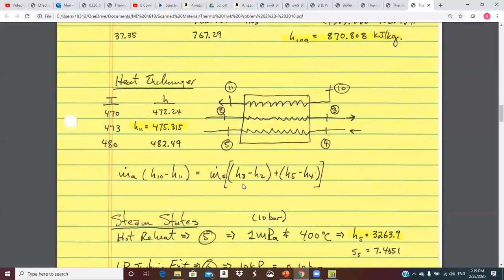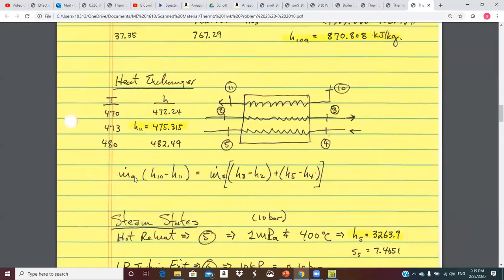Now we get to start to have some real fun. So we look at the heat exchanger. This hot air coming in at 10 is transferring heat to the steam, or to the water, whatever the state is, and that's what's producing the steam flow. I've got from 2 to 3 going this way, and from 4 to 5 going this way, but the hot air is providing all of the energy for this. So you can do an energy balance.